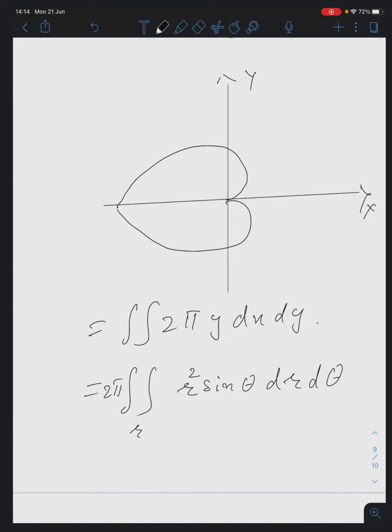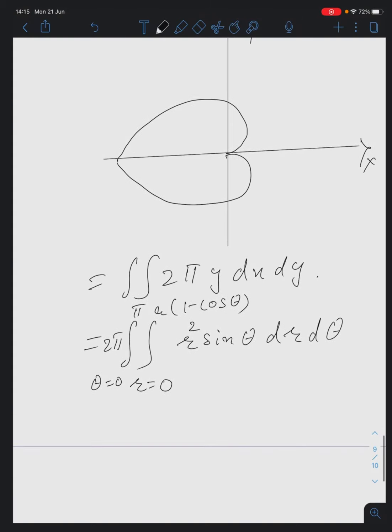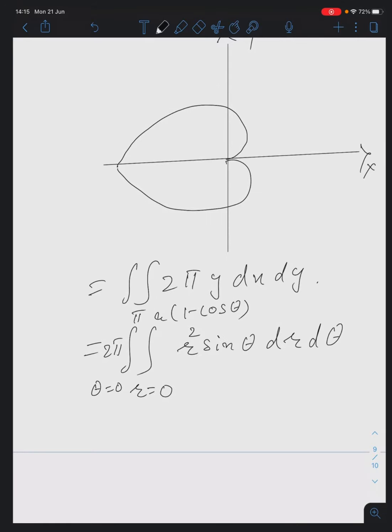The limits of r will be from 0 to a into 1 minus cos theta, and the limits of theta from 0 to pi. If you solve it, you will get the result for this one. Solve and tell me the answer.